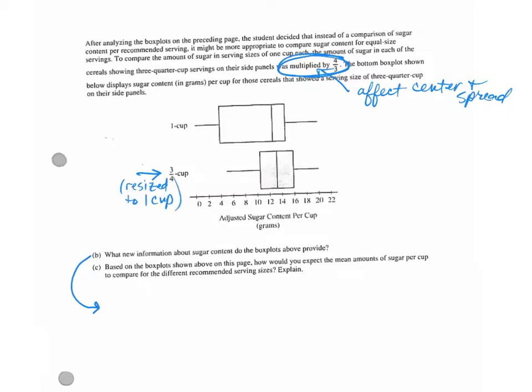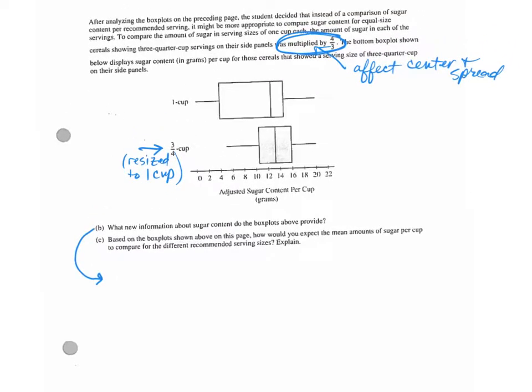Okay? And so question B says, what new information about the sugar content is provided above? So there were a couple things you should have said. One thing in part B that you should have said was the center and spread of the 3/4 cup is now bigger.